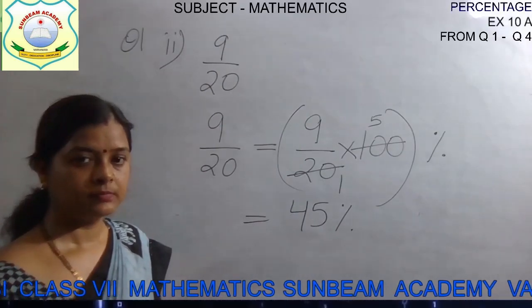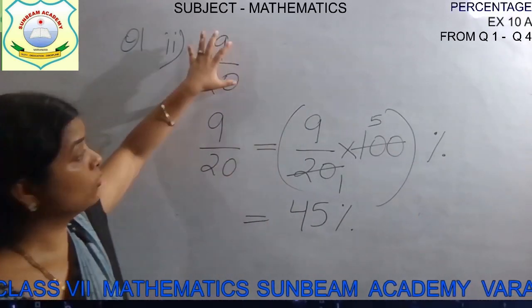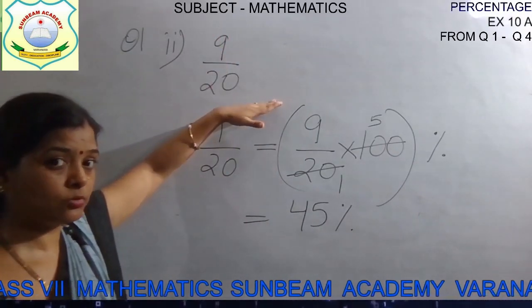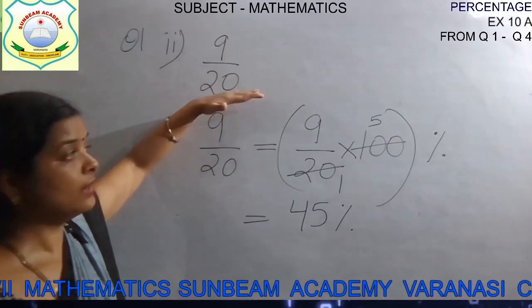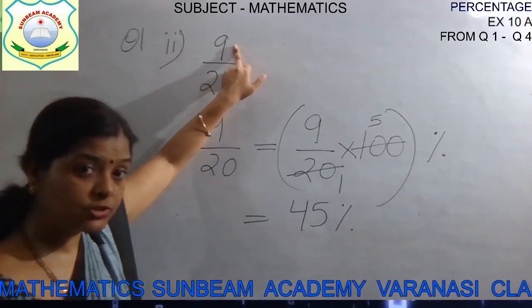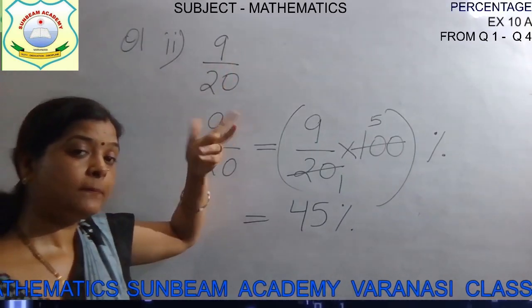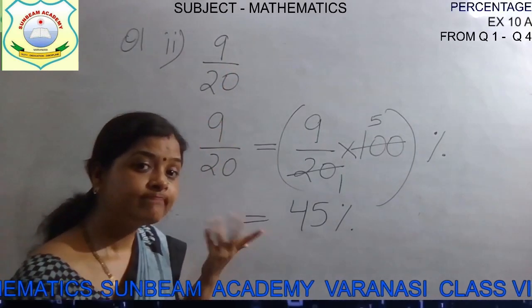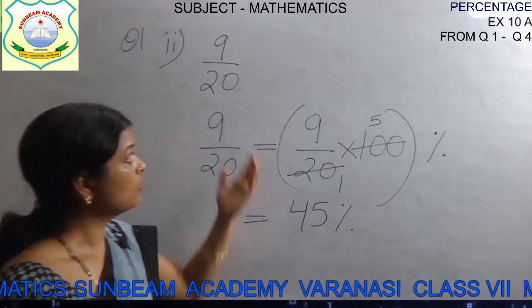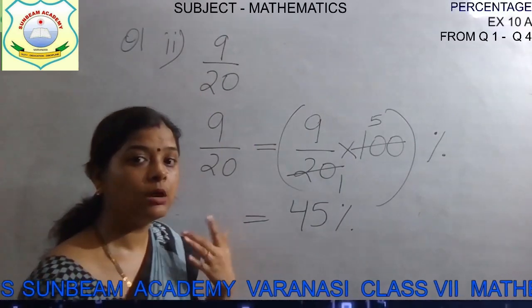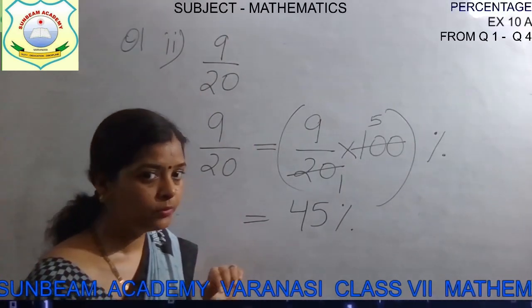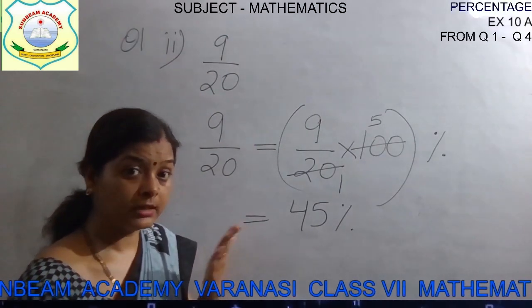Next, just have a look at the idea of fraction also. You have 20 chocolates, and out of 20 chocolates you have eaten 9 chocolates. So how much percentage have you eaten? Out of 20, 9 gone. 50% will be 10 chocolates, isn't it?